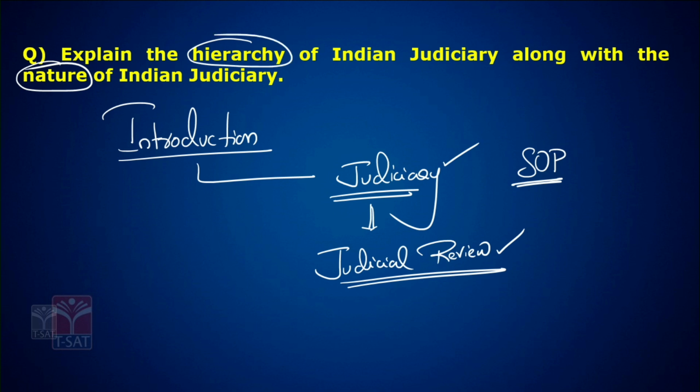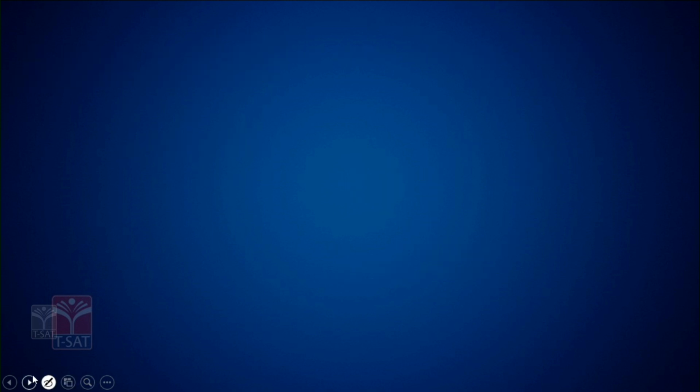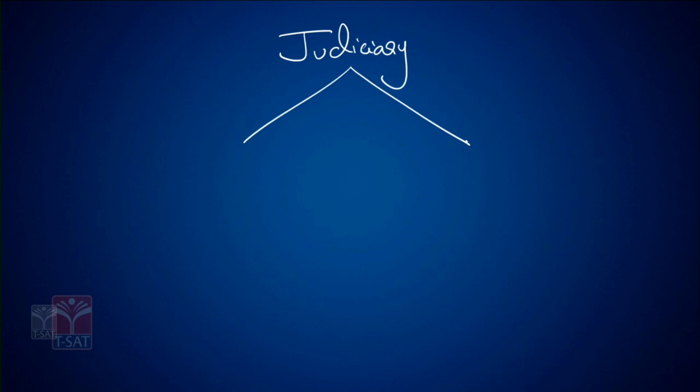Now what is the nature of the Indian judicial system? The nature of the Indian judiciary can be classified into two ways. The first one is independent judiciary.